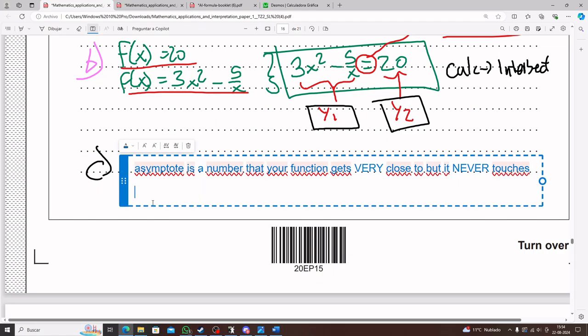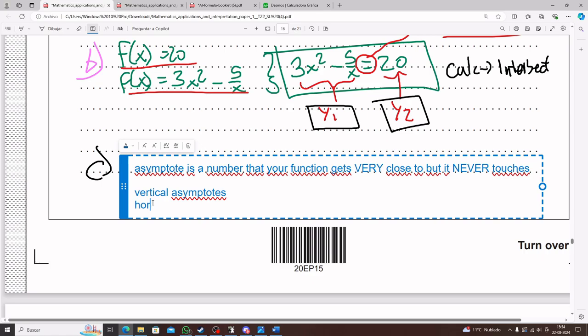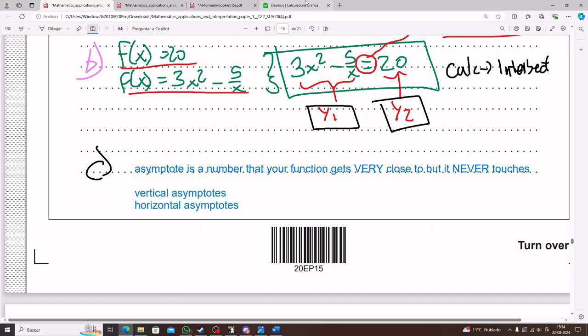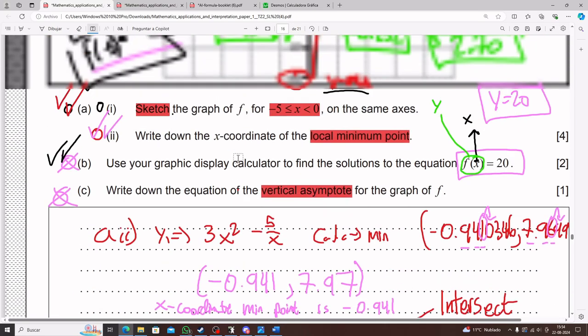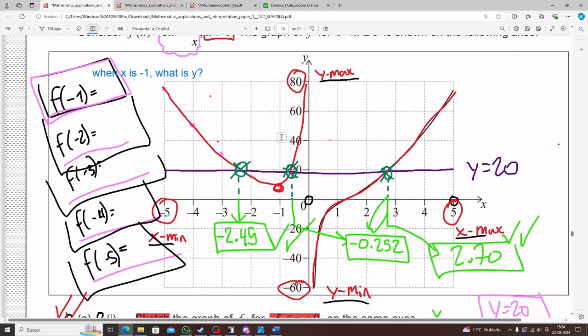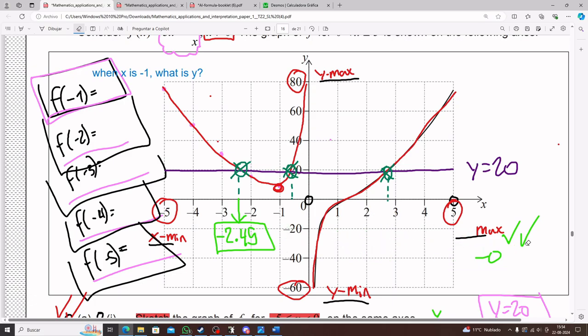Keep in mind that you have 2 types of asymptotes. You have vertical asymptotes and horizontal asymptotes. In this case, you have a vertical asymptote which runs through here. Let me raise a little bit of this because there's a lot of stuff written on here.